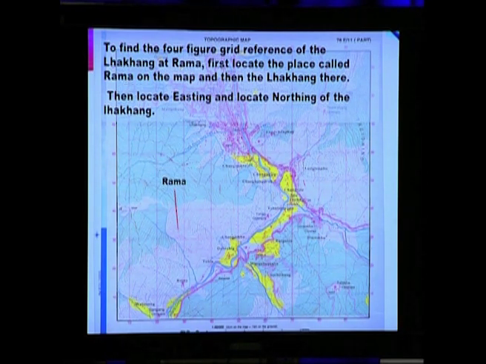So the question is, find the four-figure grid and six-figure grid for Hagang at Rama. First of all, we looked for the place, Rama, then we looked for the feature, Hagang. And to know how a Hagang looks, you need to go to the keys.